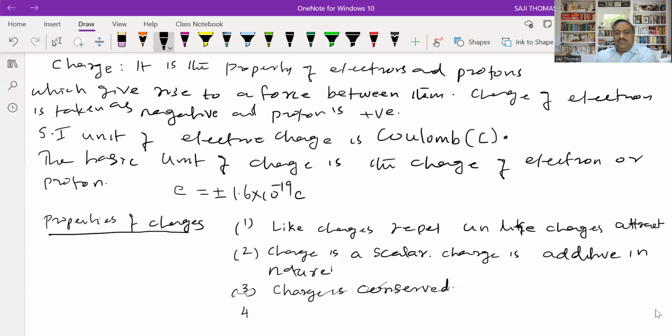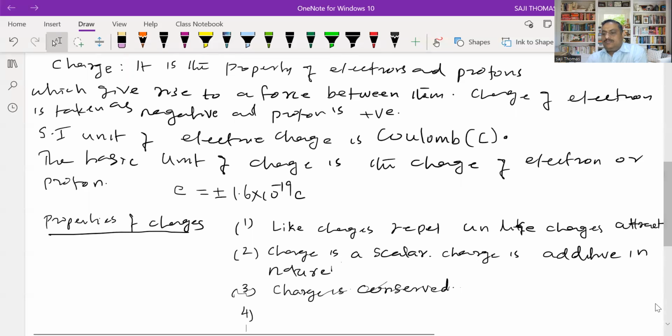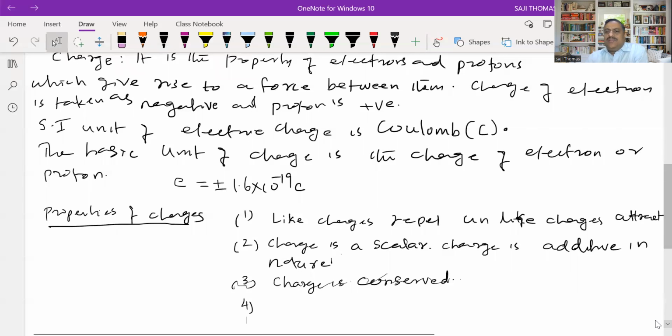Now, fourth property. This may be a new word you are going to hear, quantization. Charge is quantized. What is the meaning of quantization? The word quanta means small amount, small packets, a fixed amount.